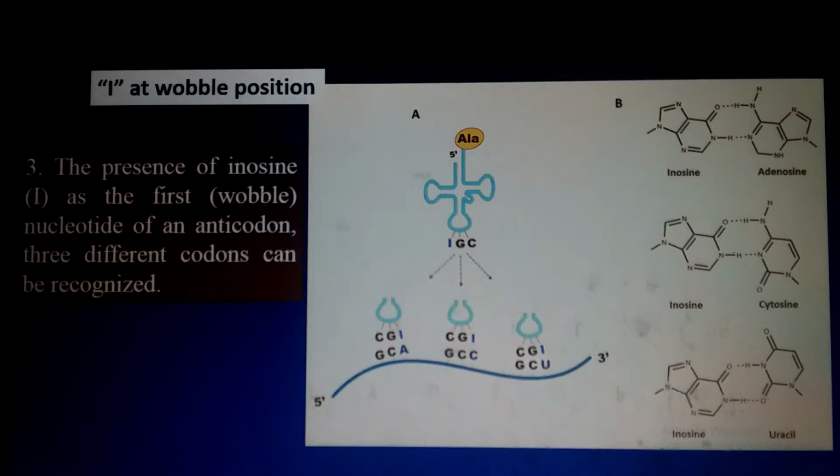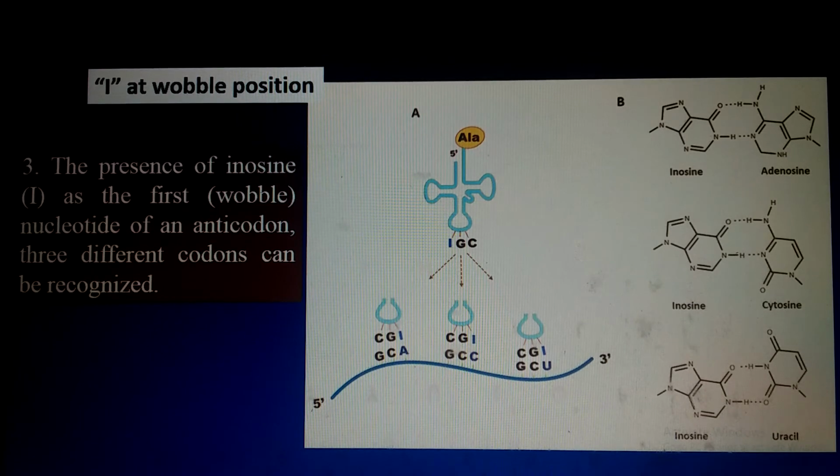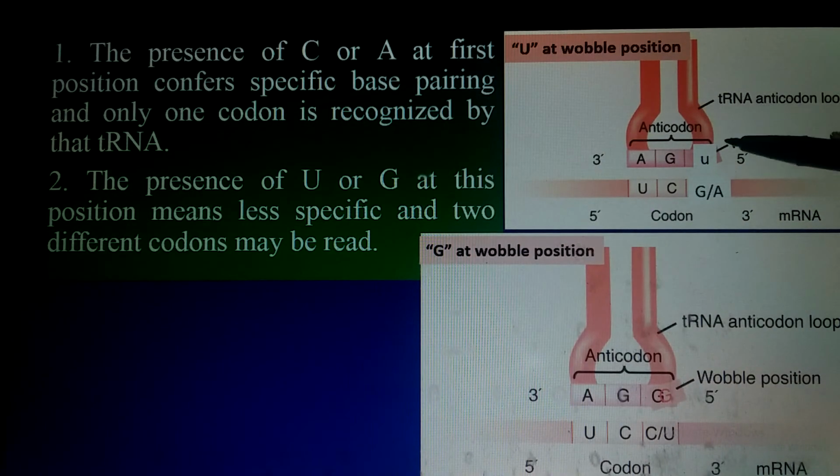Okay. Now the third case. Most students are confused about the I. What is I and what is its role? So I is for inosine. If the inosine base is present, this is also a nucleotide. If this nucleotide is present at position 1 of the anticodon, then it can recognize 3 codons.